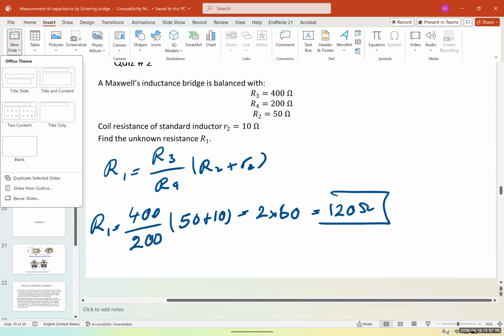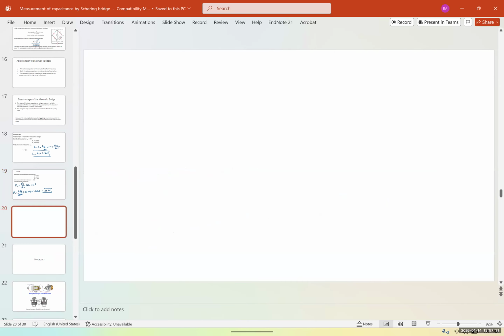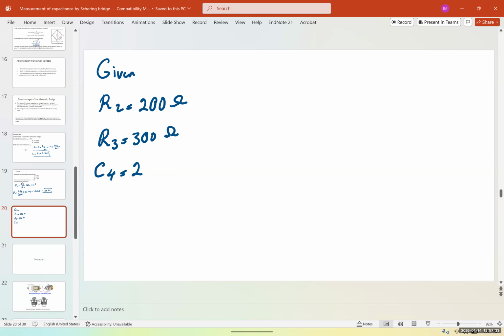Now, let's solve one for the inductance capacitance bridge. Given R2 is 200 ohms, R3 is 300 ohms, and C4 is 2 microfarad.